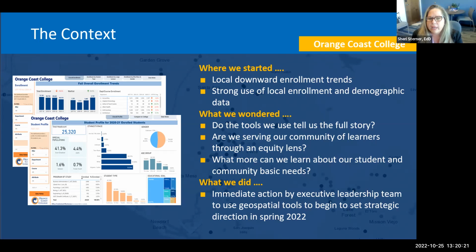So again, we took immediate action with our executive leadership team. We said we need to use these geospatial tools to help us see the data, understand those trends of Orange Coast and the needs and barriers of our local community, again with an equity lens, so that we are looking at that across populations, because we know the different populations of our students and those in the community don't all have the same needs.